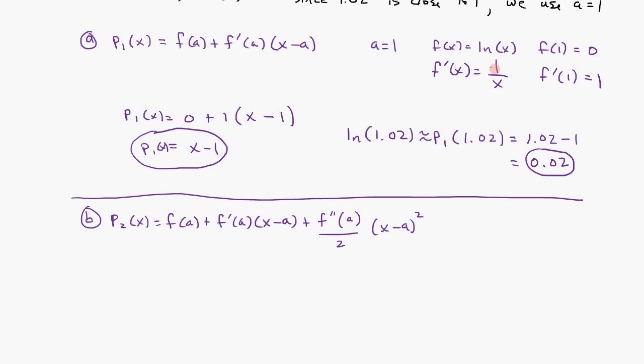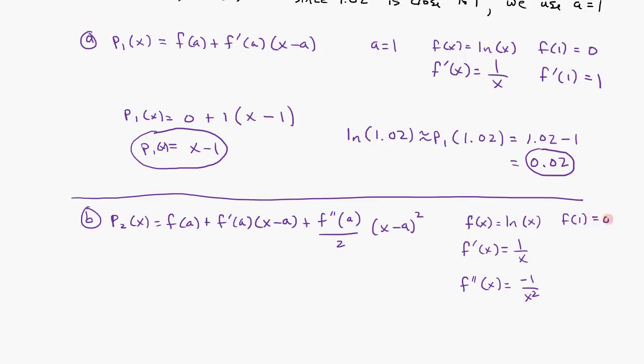So again, we have to do the same thing as before: compute the function values and the derivatives. So f of x is equal to the natural log of x. So f prime of x is equal to 1 over x. And f double prime of x, the derivative of this, is minus 1 over x squared.